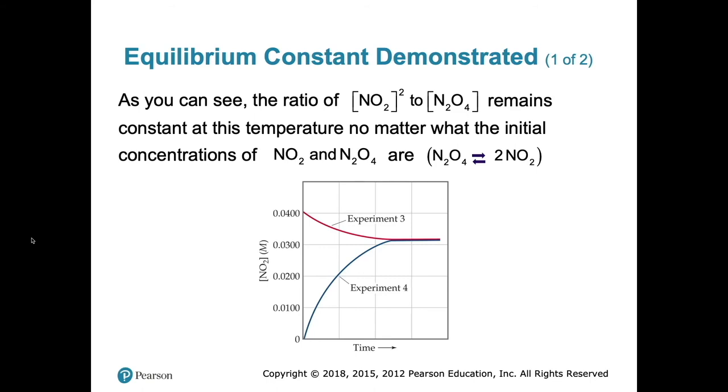In the end, when you get done with the reaction, you always end up with equilibrium, where the rates are the same and the concentrations remain constant, right? Does that make sense? So the takeaway message is that the equilibrium constant for these gases remains constant regardless of the starting concentration. Okay.